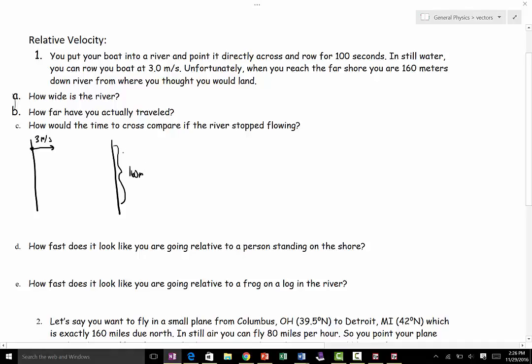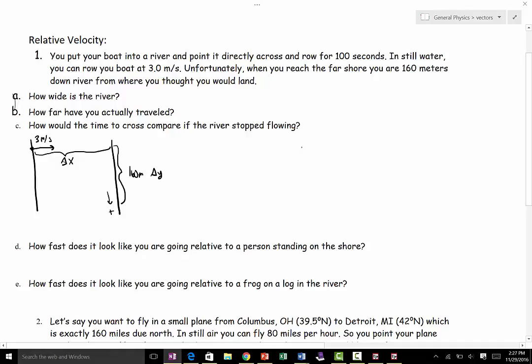So there's my 160 meters. As I went across the river, I had a little delta x, and as I went down the river, I had a little delta y. For simplicity's sake, I'm going to make down the river the positive direction so that my displacement was positive. And that's totally okay, we can do that.